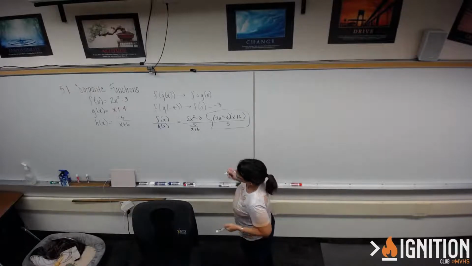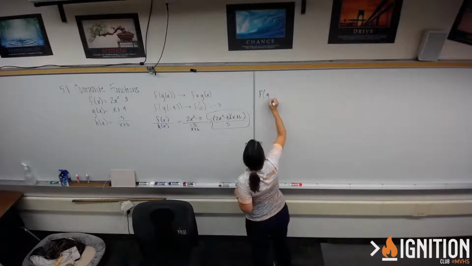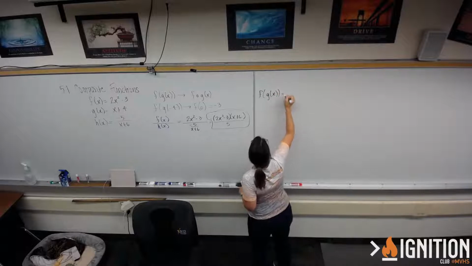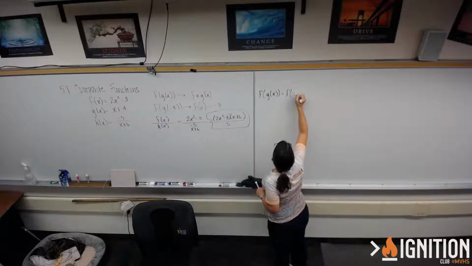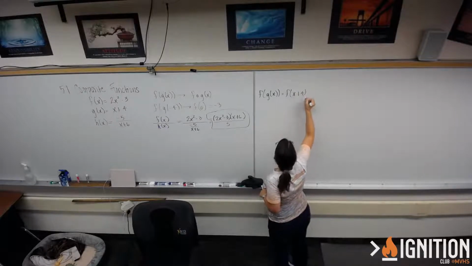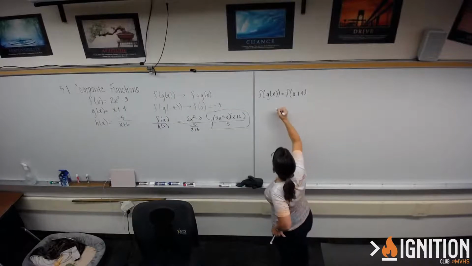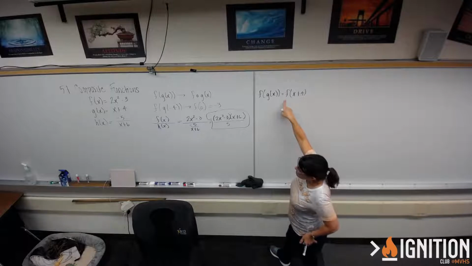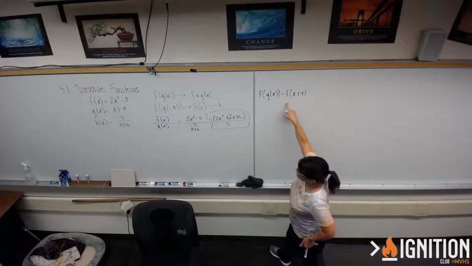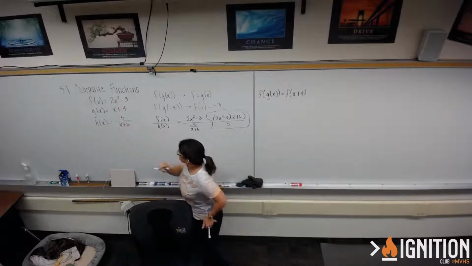So let's say I ask you to find the f of the g of x. So that is the f of x plus 4. So all of the x's in the f function become x plus 4. I'm going to take x out and I'm going to put g in.